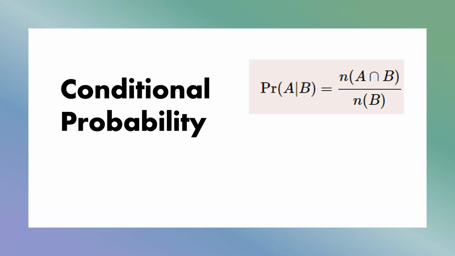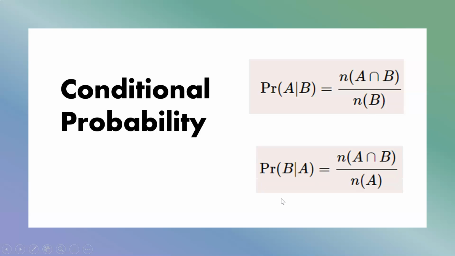Okay, let's think about our conditional probability because we've just done that. Looking at that tree diagram, we've just done some conditional probability, but let's talk about it more. So we said if we were looking at the probability of A occurring if B had already occurred, we would look at the total number in the intersect of A and B divided by what's in B. And then vice versa, if we were looking for the probability of B occurring if A had already occurred.